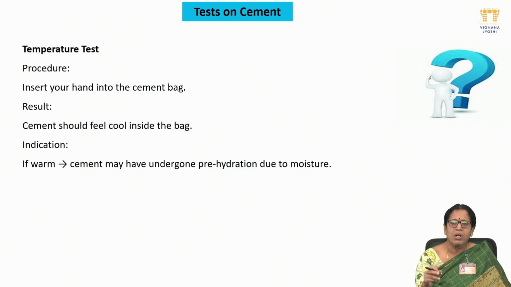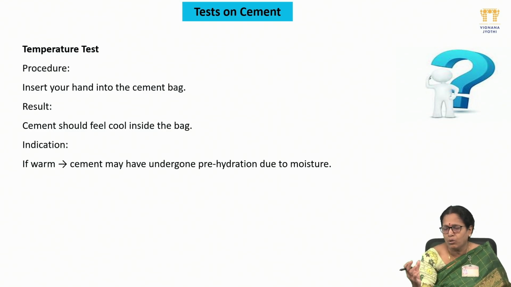If you feel any warmness, then your cement has already undergone some prehydration due to moisture attack, maybe by improper storing, or you opened the cement bag and kept it exposed to moisture. It implies your cement is not good for structural purpose.